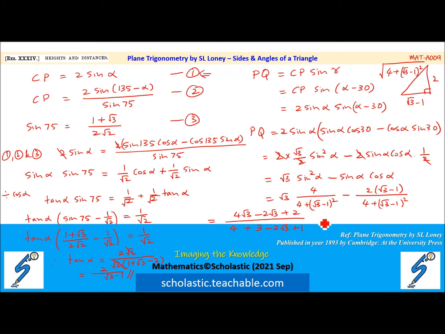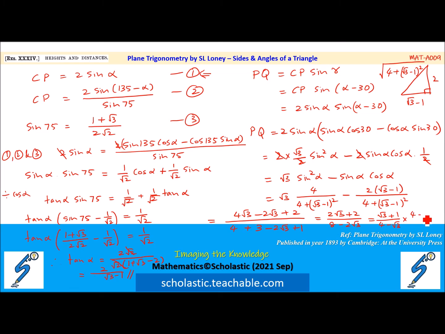So we get 2 root 3 plus 2 divided by 8 minus 2 root 3. We can divide by 2: root 3 plus 1 divided by 4 minus root 3.